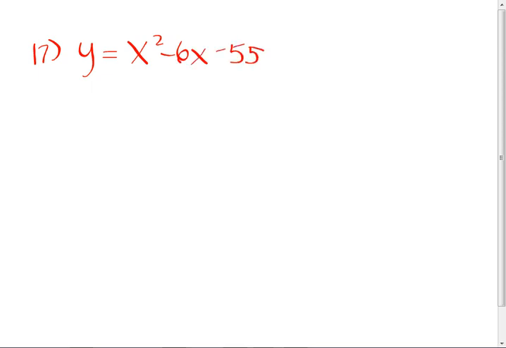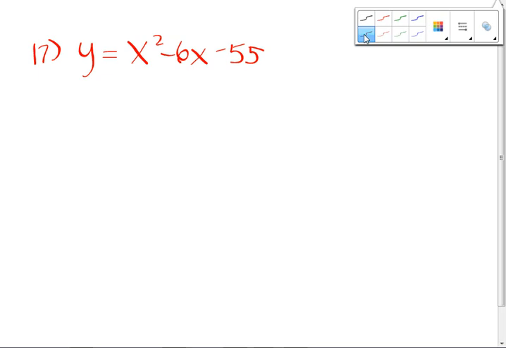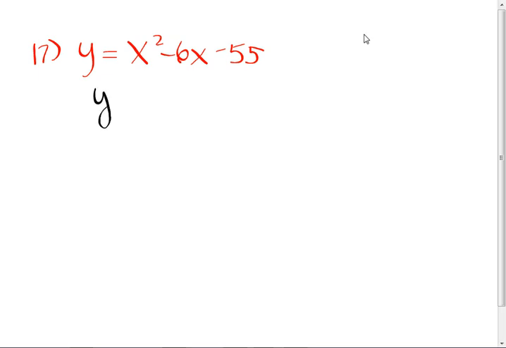What form is that? General form. Okay, so what do we have to do? We have to factor this. Emily, pay attention because I don't know what you did on your test.